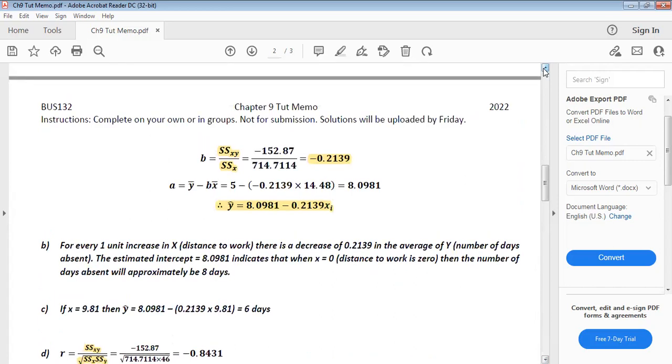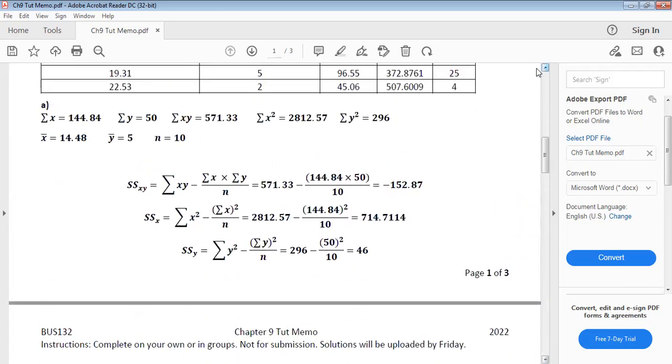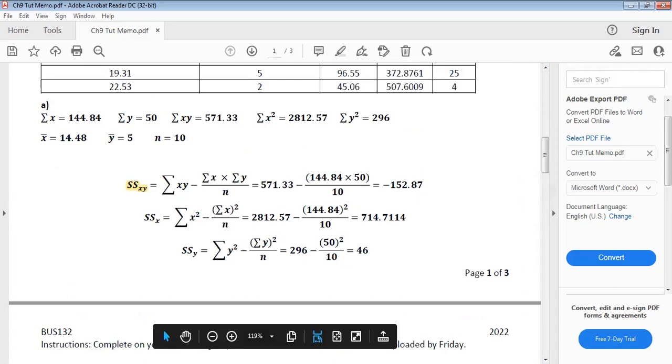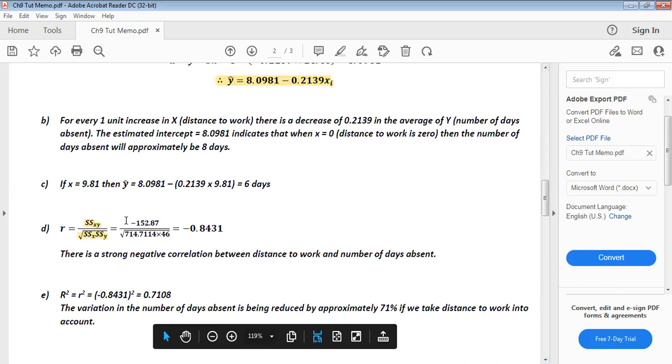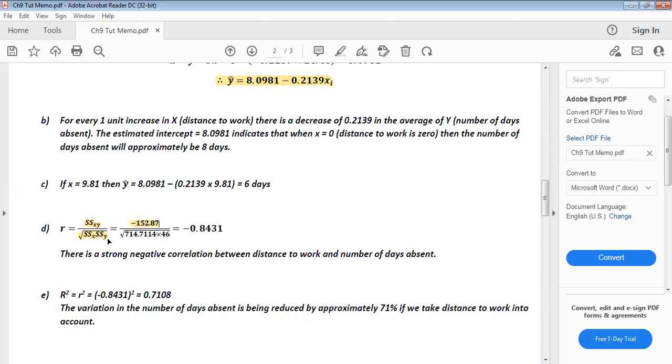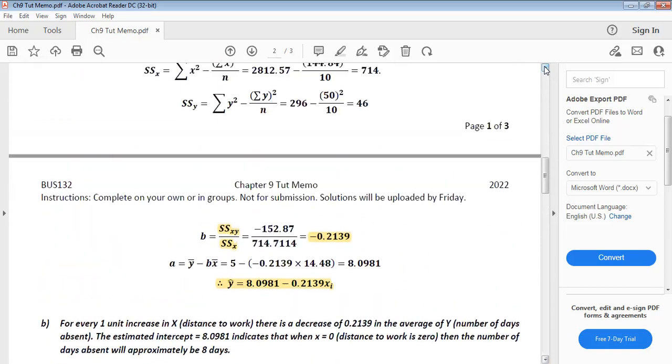The sum of squares of xy we already found. So all we need is just to take it down. Here is the sum of squares of xy, and it was negative 152.89. So just take that down. Okay, here it is, right? And the sum of squares of x and the sum of squares of y, we also already found the answers.